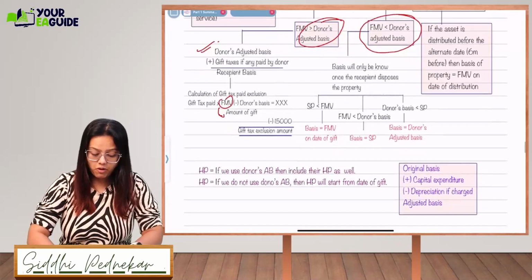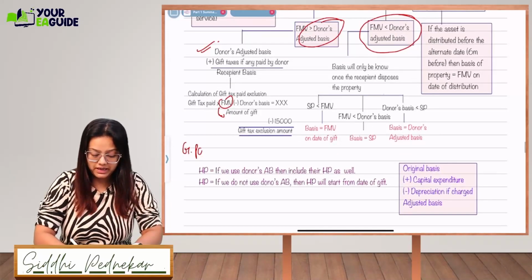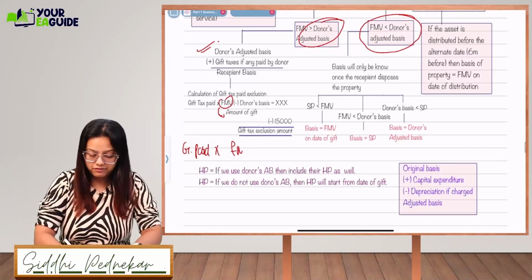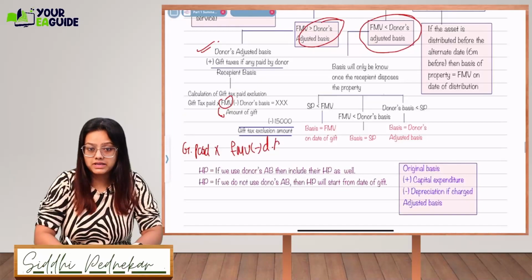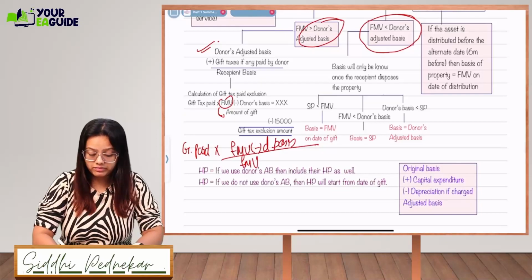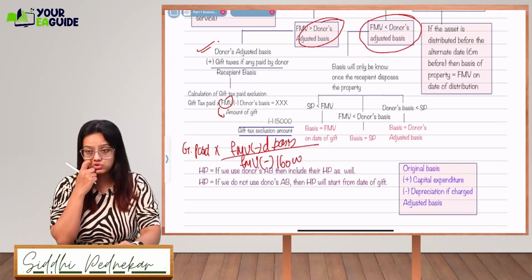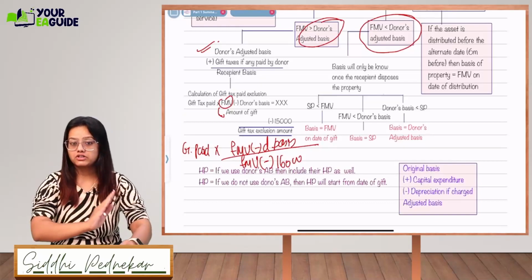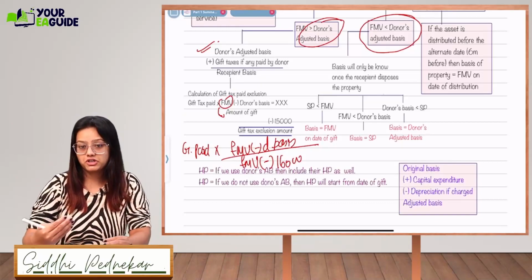So I can say this formula can be simplified as gift tax paid multiplied by FMV minus donor's basis, divided by FMV minus 16,000. This is the value of my gift, minus 16,000, because 16,000 is the gift tax exclusion we have done in the gift tax topic. We'll do it in specialized written again.